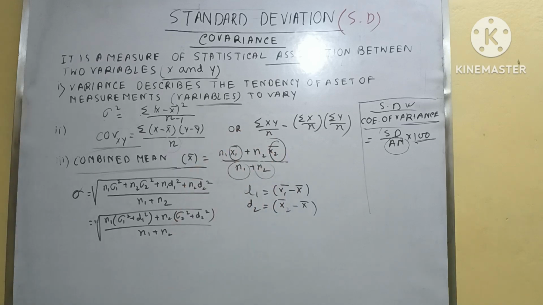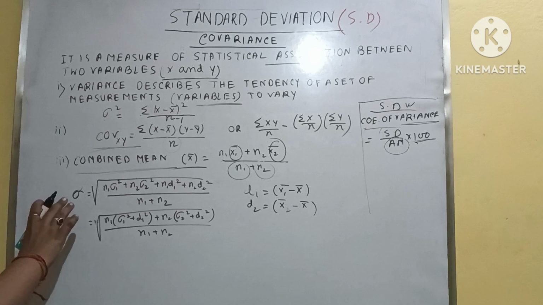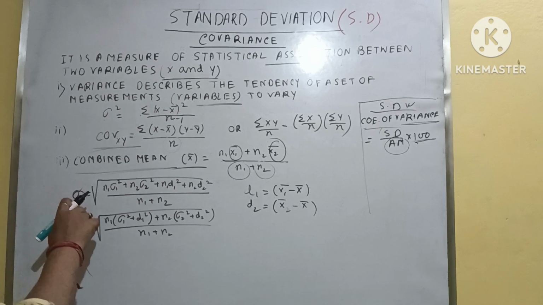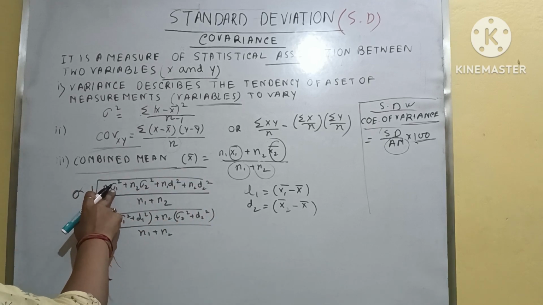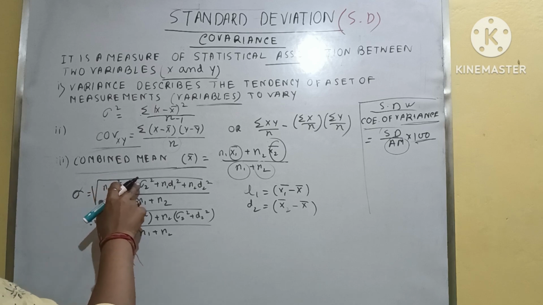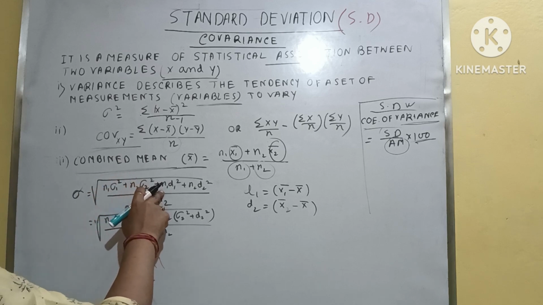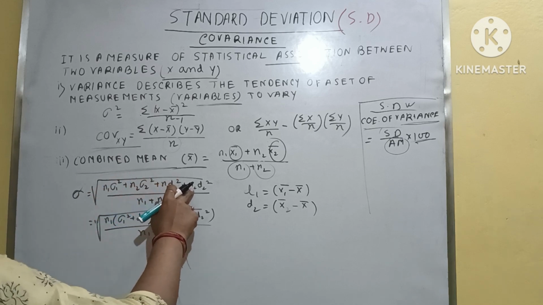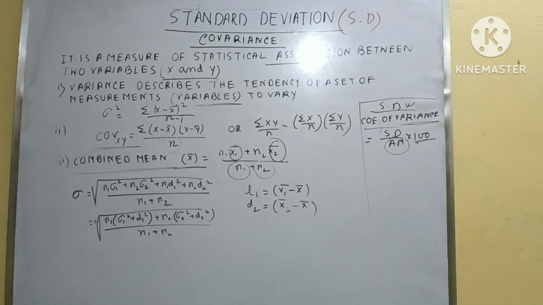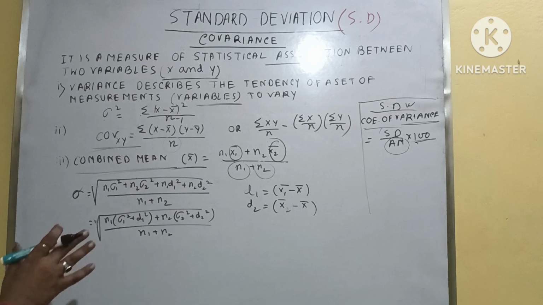Okay, and here how to calculate the sigma? Root over of n1 sigma 1 square plus n2 sigma 2 square plus n1 d1 square plus n2 d2 square, divided by n1 plus n2. You can write it in this manner, obviously.